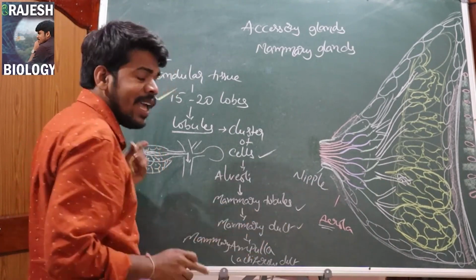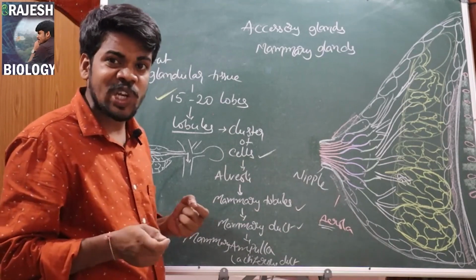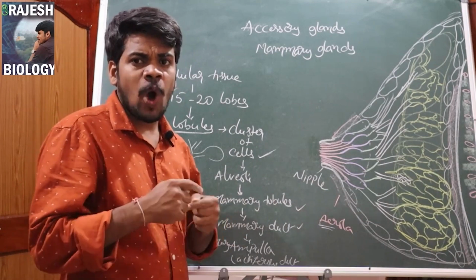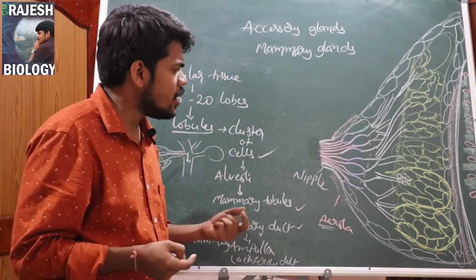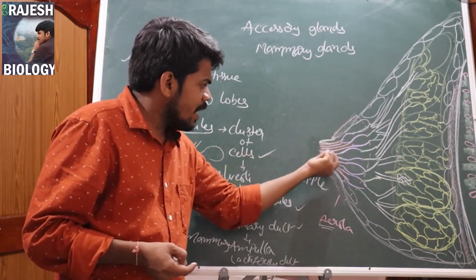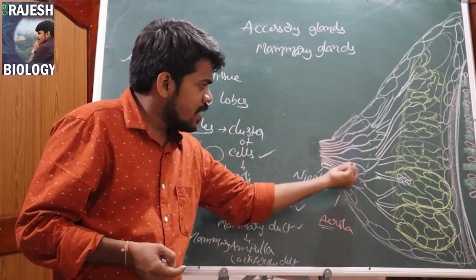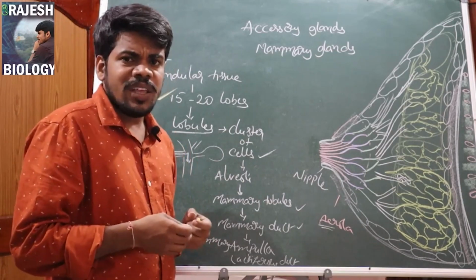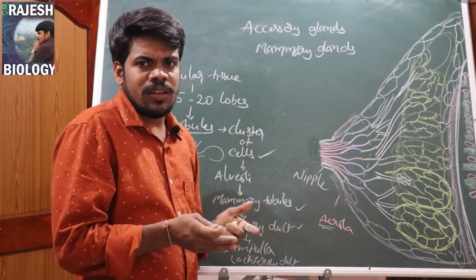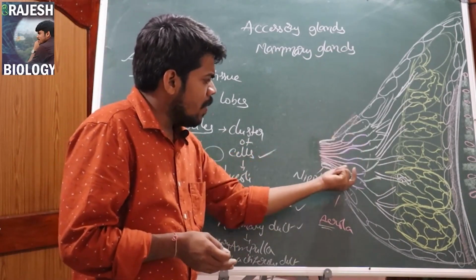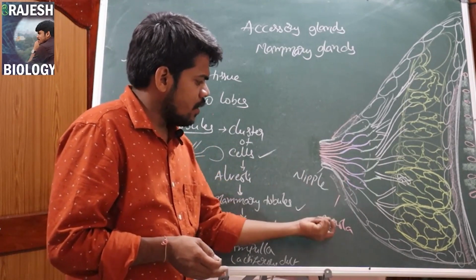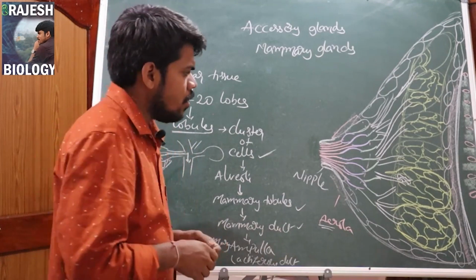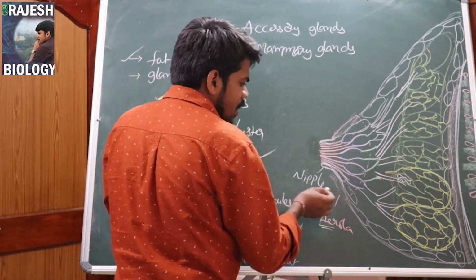This areola has some sebaceous glands that secrete some oily substance to protect the nipples and the areola area. When the baby sucks the milk, the areola protects from cracking. Areola prevents the cracks.